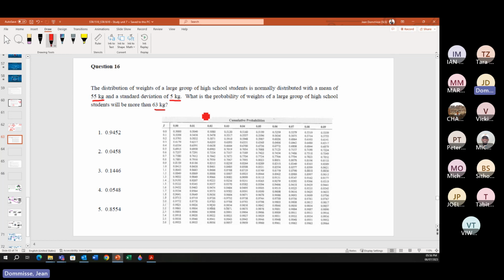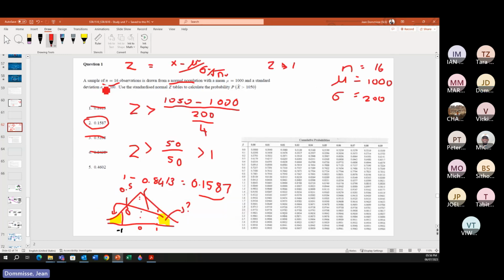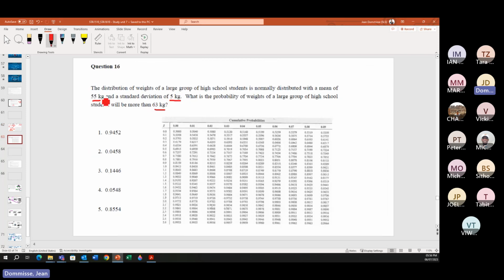Because I have seen that suddenly they throw in 500 grams or something like that, and you use the 500 instead of putting it into kilograms. So when they put a weight or a time or kilometers or anything like that with the question, please just make sure that the units are exactly the same.